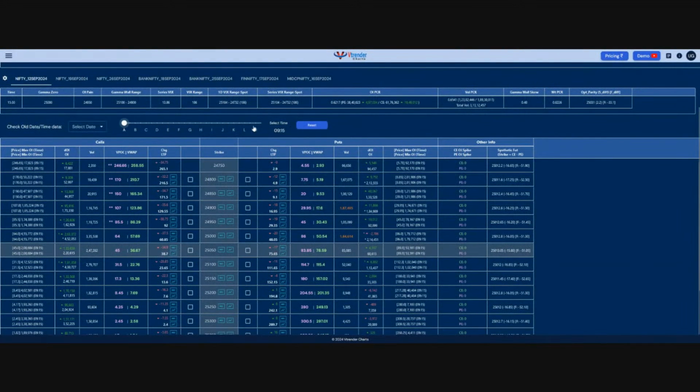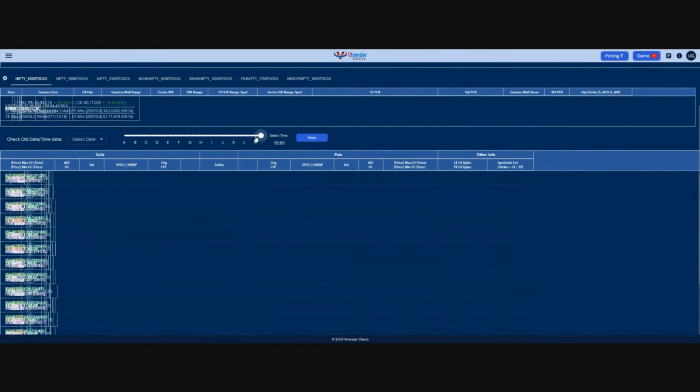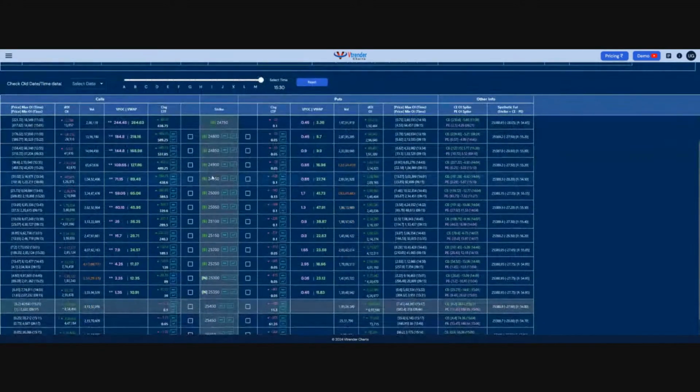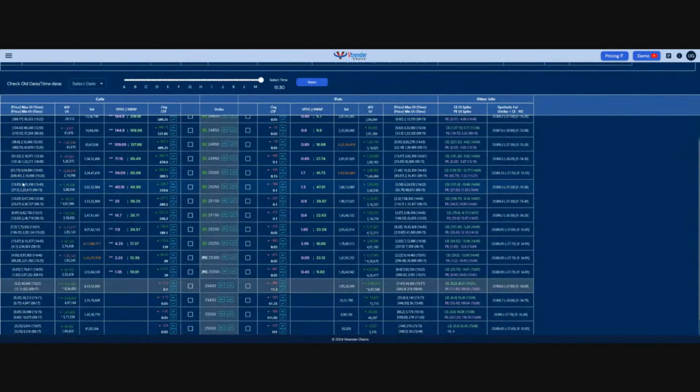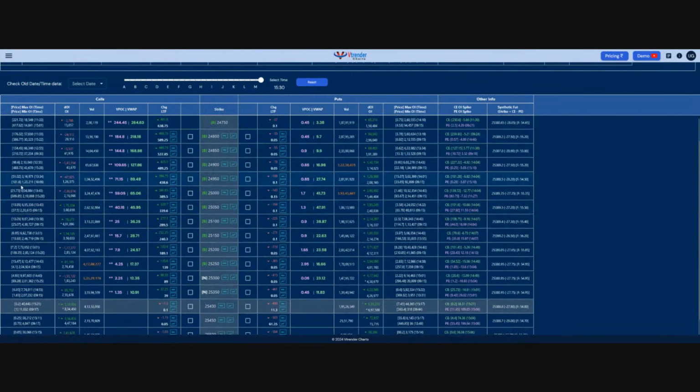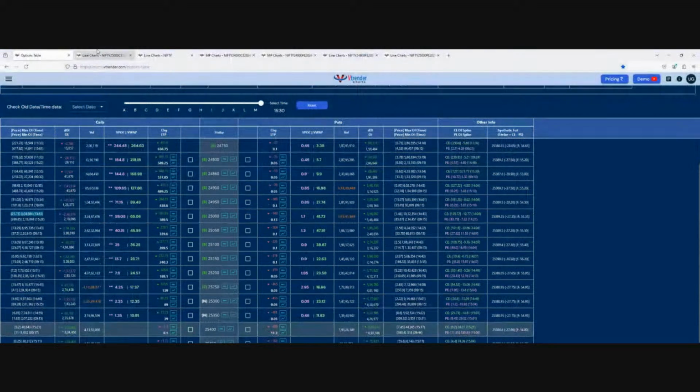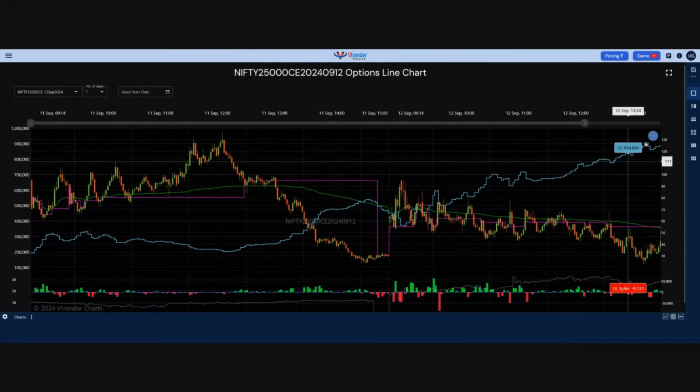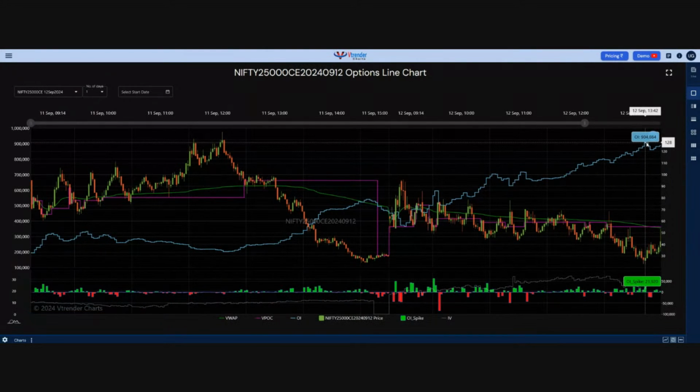I will click this to the last part, and you can see the 25,000 call max open interest was 9 lakh 4,000 at 143. In the line chart, we can see this 9 lakh 4,000 at 143. This is the highest OI in this call.